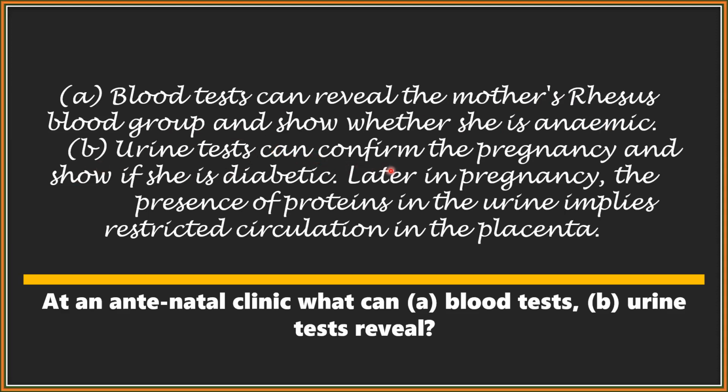A urine test can confirm the pregnancy and show if she's diabetic. Later in pregnancy, the presence of proteins in the urine implies restricted circulation in the placenta.